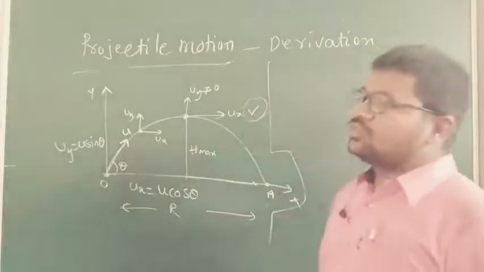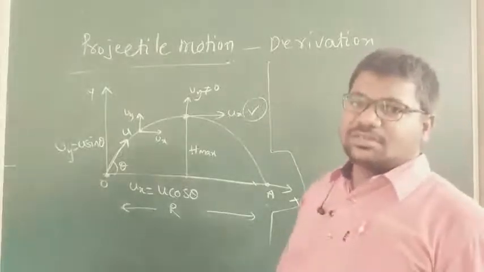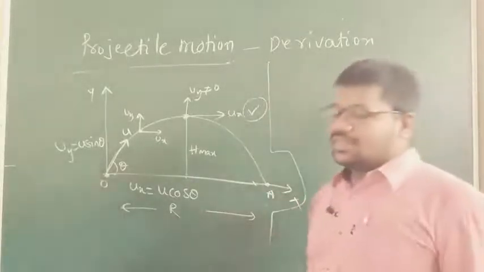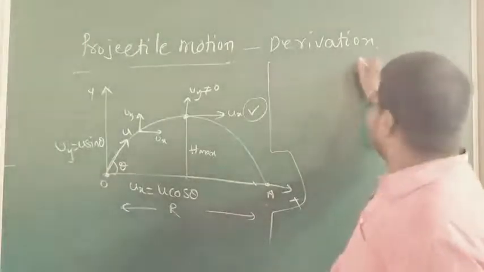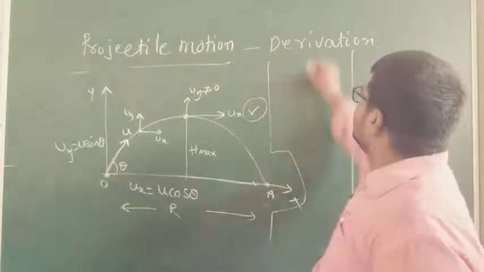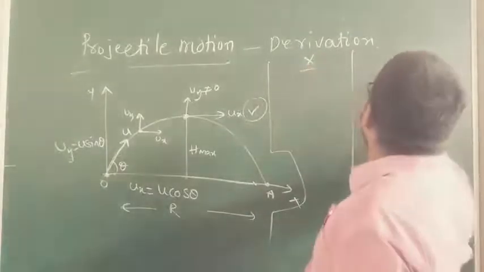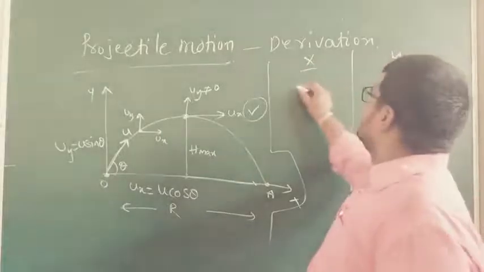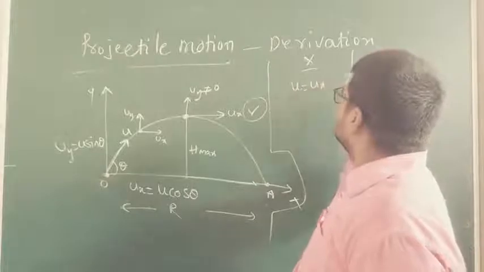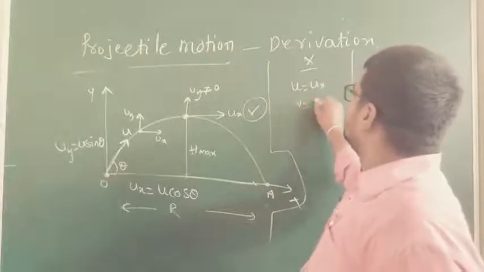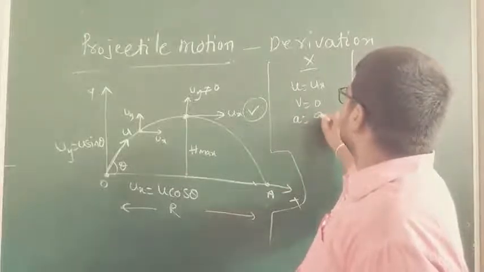So we can form two mutually perpendicular axes for getting an expression, along the x-axis and along the y-axis. Along the x-axis, initial velocity is u cos theta, final velocity ux, acceleration due to gravity 0.